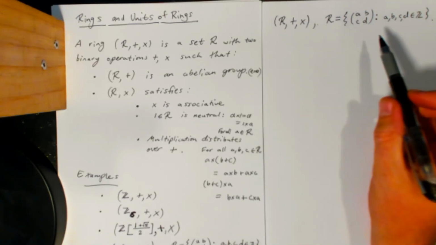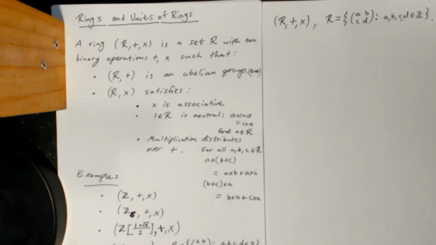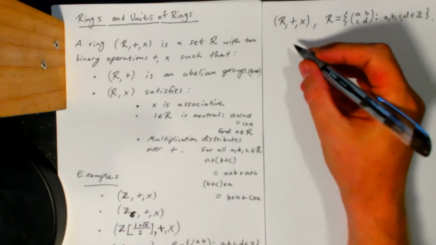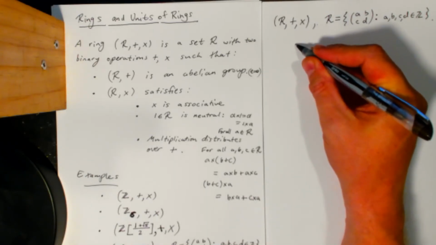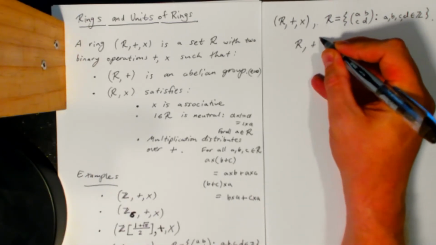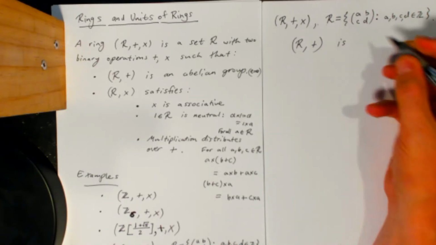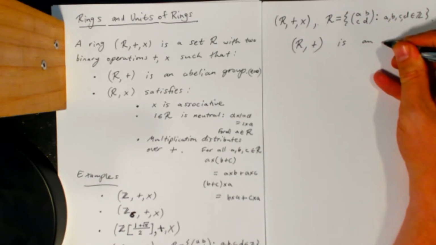Now this is not quite all of the 2 by 2 matrices, but we know some properties of 2 by 2 matrices, that we have additive inverses. So we have R together with addition is an abelian group.